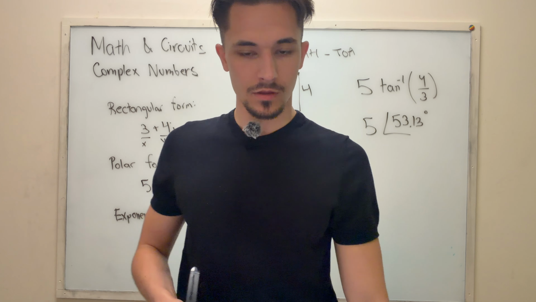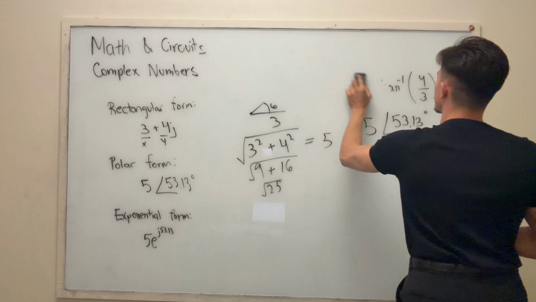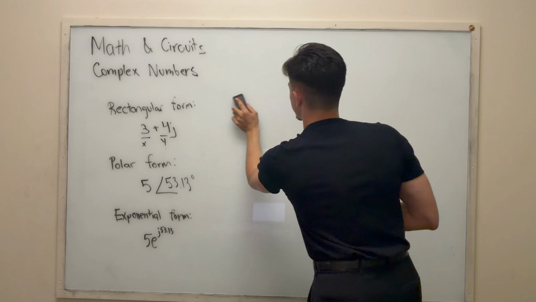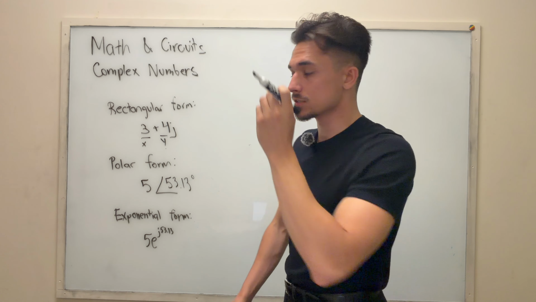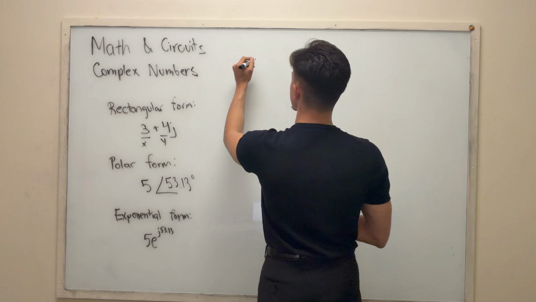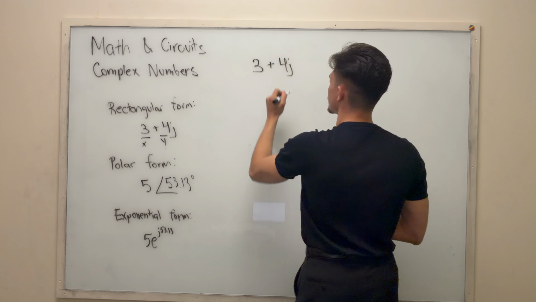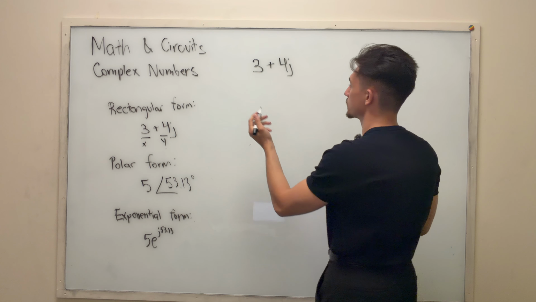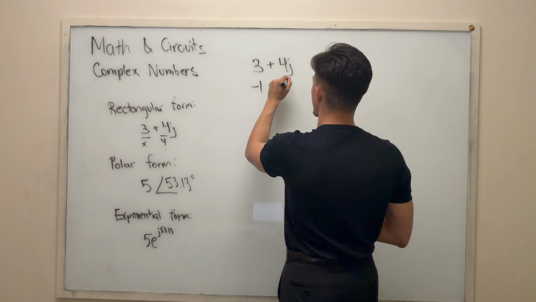Awesome. Now, next is when you see problems like these, where let's say we have the rectangular form of two functions. In this case, we have 3 plus 4j, and we are given to add or subtract another rectangular form. So let's call it minus 1 plus 2j.